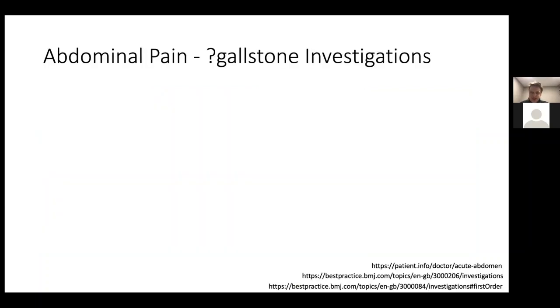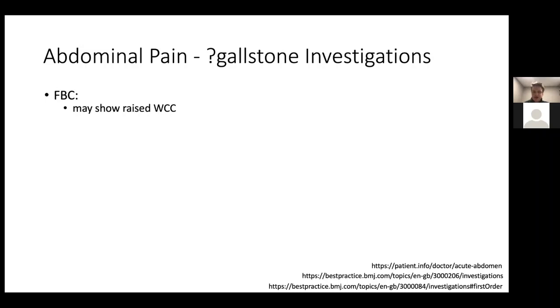So when investigating gallstone pathology, it's important to rule out other things going on, because there are loads of different causes for abdominal pain. So I've put some of the investigations you would do. First off, an FBC, looking for hemoglobin, white cells, platelets, things like that. In ascending cholangitis or acute cholecystitis, you might have raised white cells.